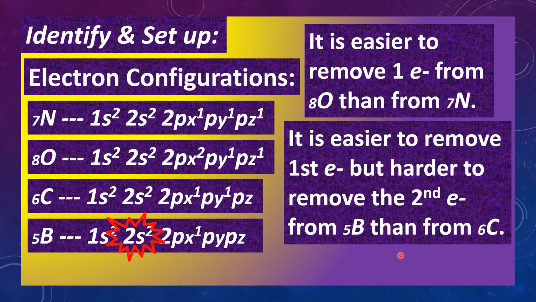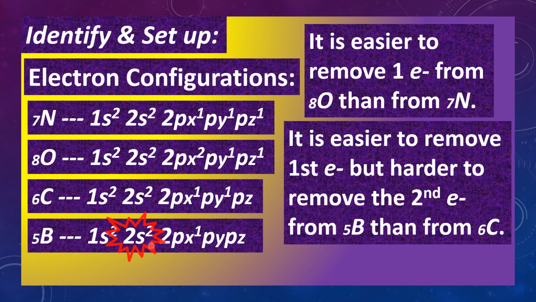Now, it is much harder to remove the second electron from boron than from carbon because this second valence electron of boron is tightly attached, and is, shall we say, kept stable at the 2s orbital.